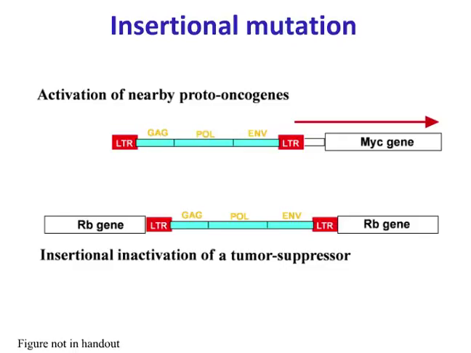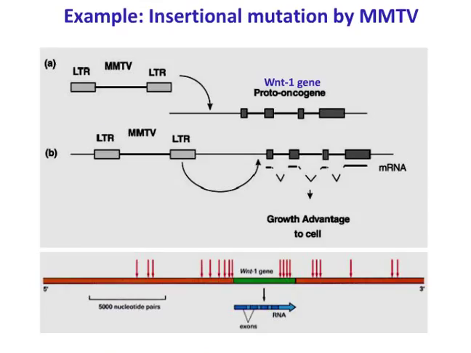Alternatively, if the retrovirus inserts into the gene encoding a tumor suppressor, such as the retinoblastoma gene, expression of the RB gene can become disrupted, and the cell will lose some tumor suppressor capability. Because the insertion site of the retrovirus genome is random, it's just bad luck when it inserts next to a proto-oncogene or inside of a tumor suppressor gene.